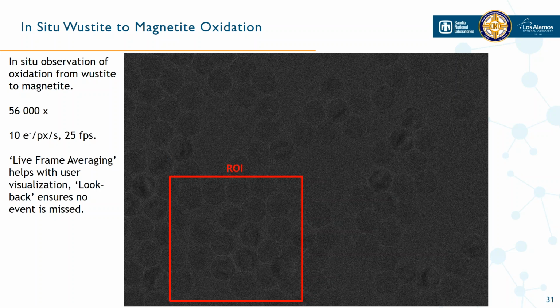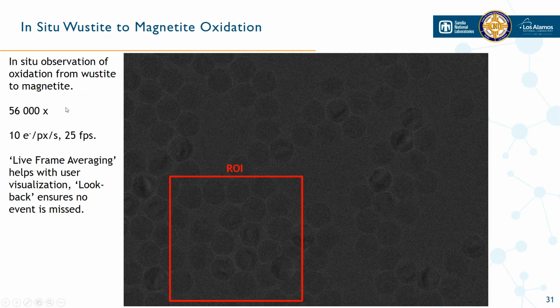Being able to image at low dose, but also at low magnification, is really unique in terms of capturing the transformation without that second external influence of the beam.